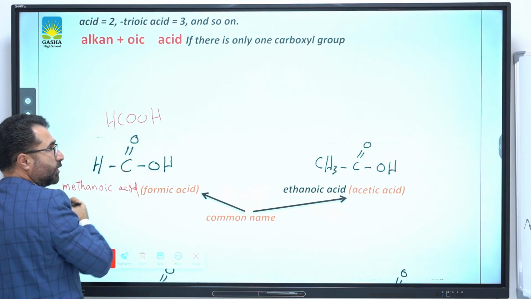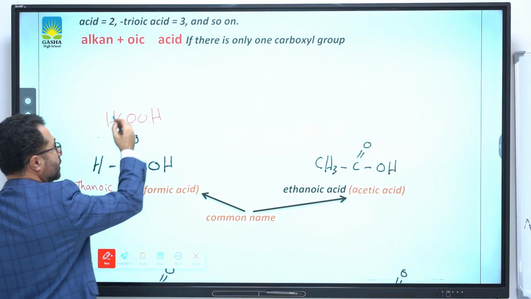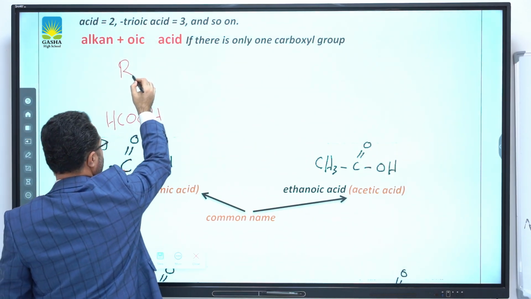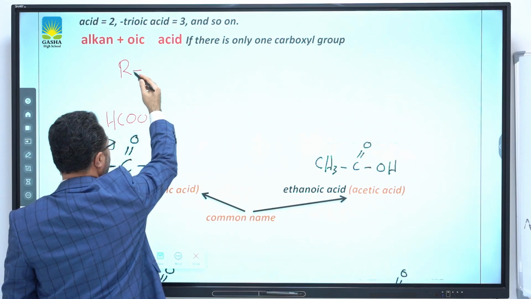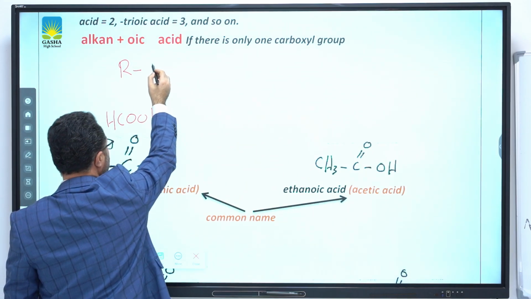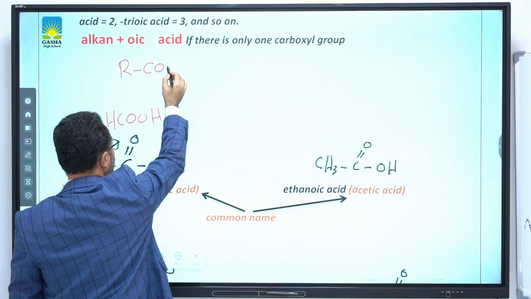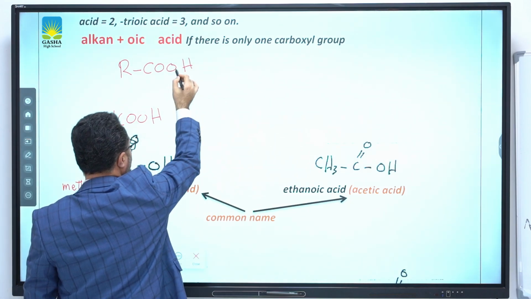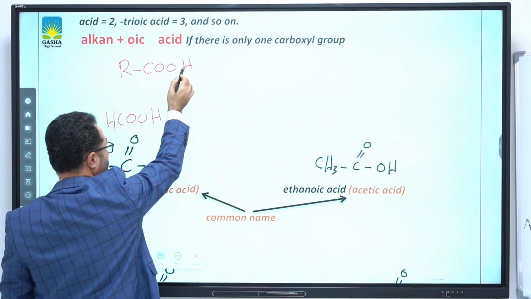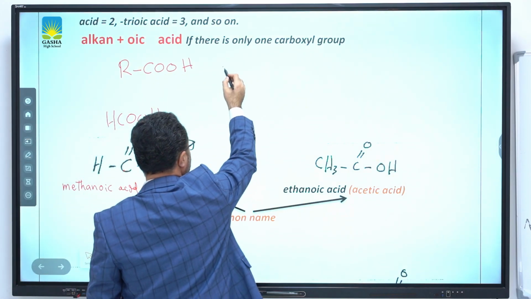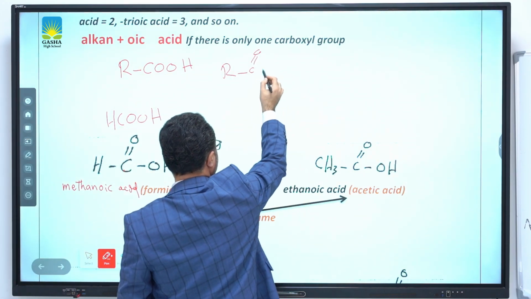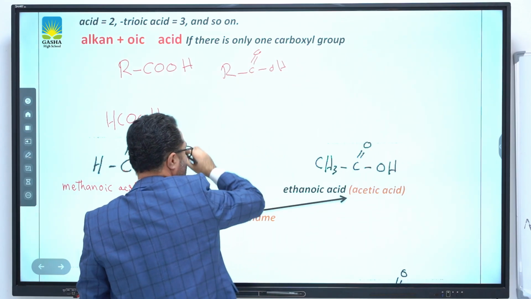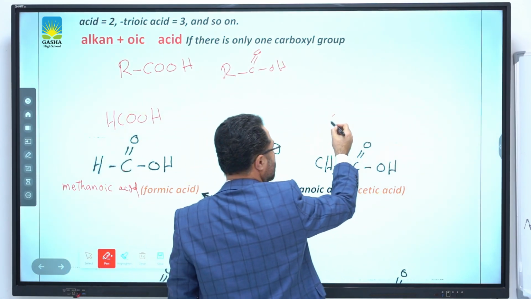In the general formula, we can write carboxylic acid as RCOOH or R-C double bond OH. They are the same.